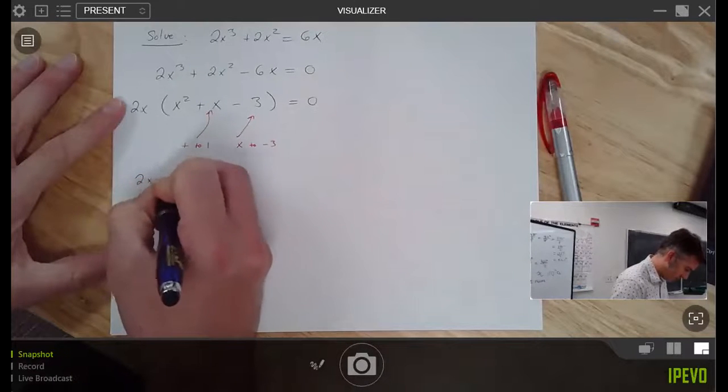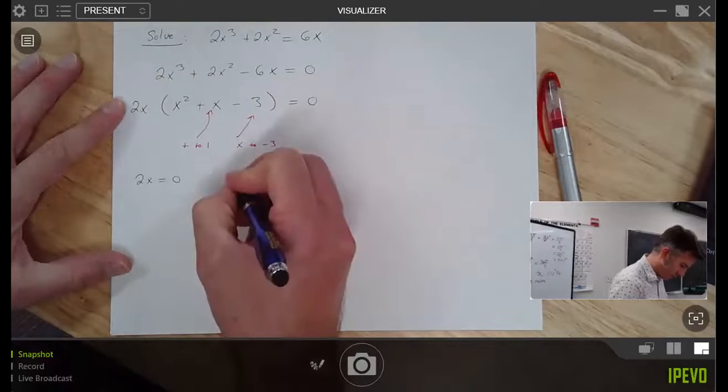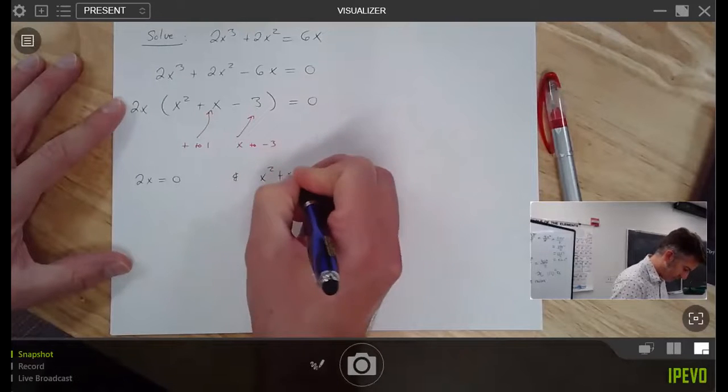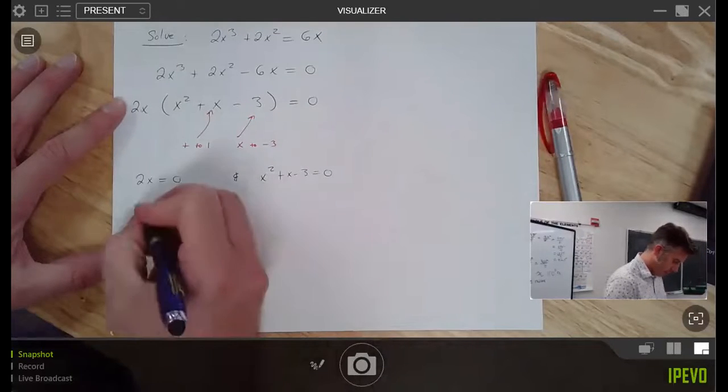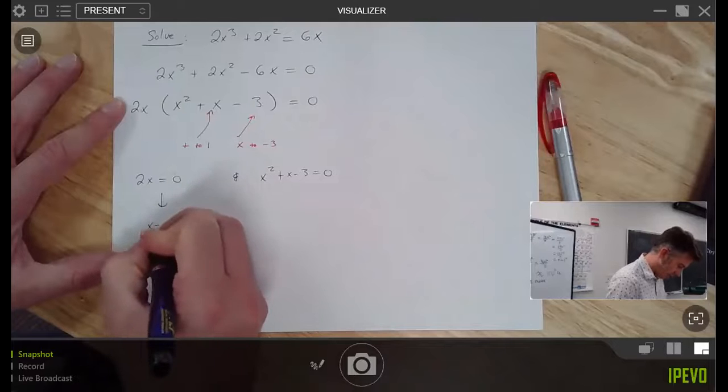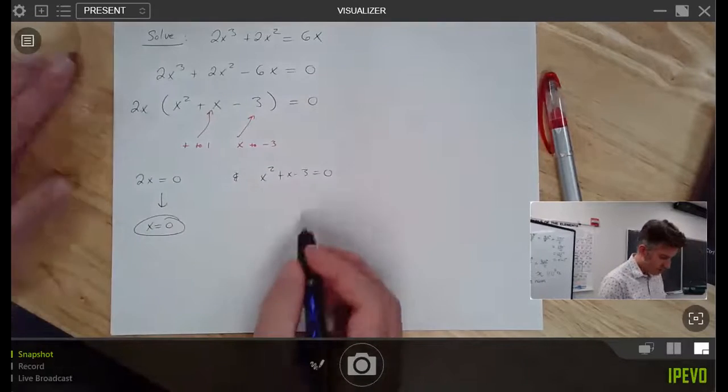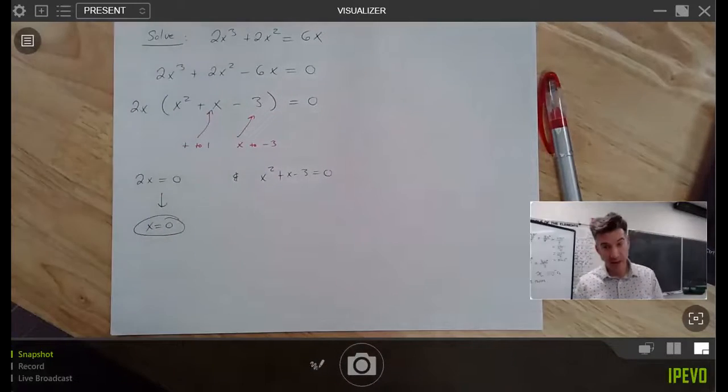So I'm going to set 2x equal to 0. And I'm also going to set x squared plus x minus 3 equal to 0. This one clearly is going to get me x equal to 0. This one, since we couldn't factor this quadratic equation, we have to use the quadratic formula.